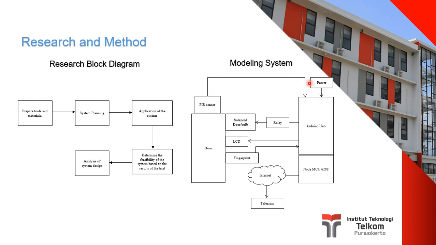Then the main input is the power or the electricity, and next is about the output. It's a relay that controls the solenoid door lock and a bulb to light the room, the place close to the door.